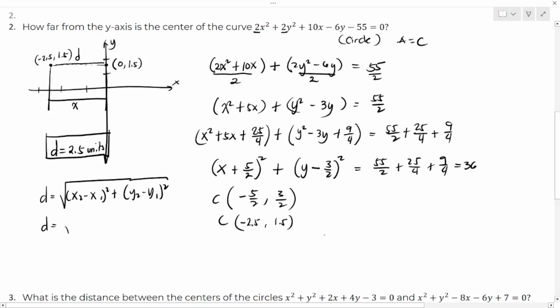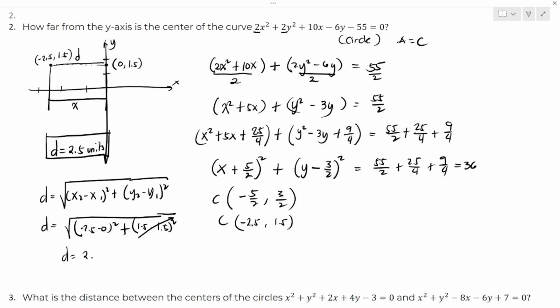For distance formula, yung x sub 2, let's say negative 2.5 minus 0, squared, plus yung y sub 2, 1.5 minus 1.5, that is 0, squared. So, negative 2.5 square, square root of that is 2.5 pa rin. That is the same thing lang ha. 2.5 units, the same thing.